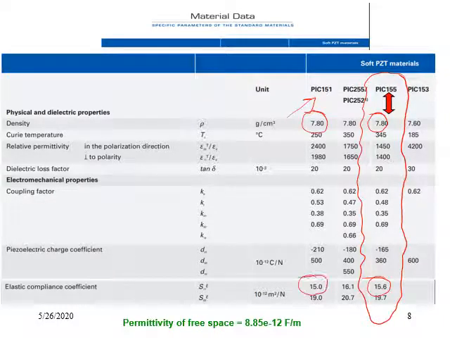Here we have the elastic compliance coefficient, and the Young's modulus is the inverse of this. So the Young's modulus shall be 1 by 15 into 10 to the power minus 12 for PIC 151, and for the other one it will be 15.6 into 10 to the power minus 12. If you take the inverse of this, you will get the value of the Young's modulus.